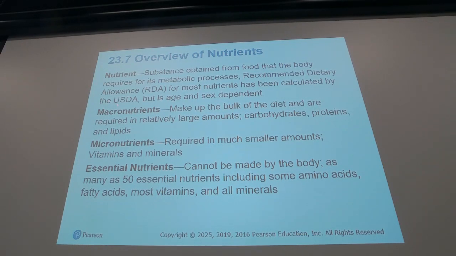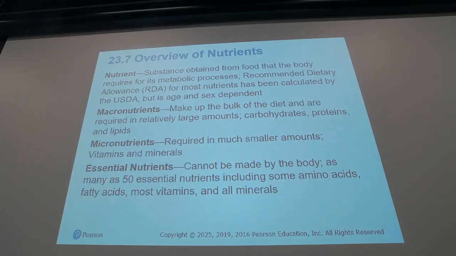So the daily amount of nutrients that is recommended is given by the USDA, and it depends on age and gender, and they subdivide the nutrients into macronutrients, those ones that are requiring huge amounts, and micronutrients, those ones that are requiring small amounts. That includes vitamins and minerals.